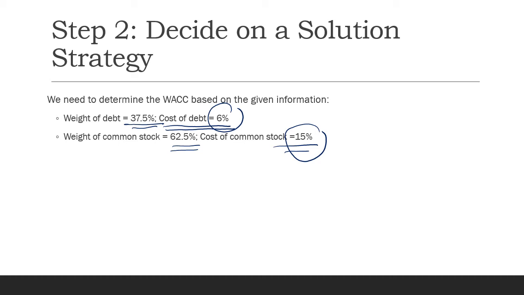By dividing it over the total cost of capital. In this case it is also determined here that the weightage of the debt is 37.5%, while the weightage of the common stock is 62.5%.